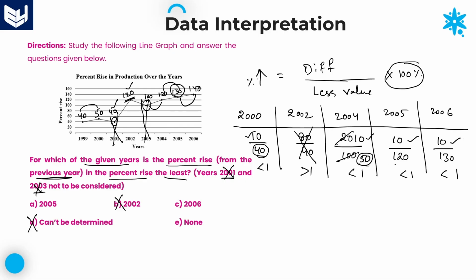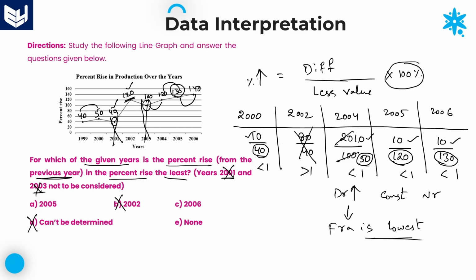If the denominator value is highest, with constant numerator, then that particular fraction is lowest. So check for which year the denominator is highest.